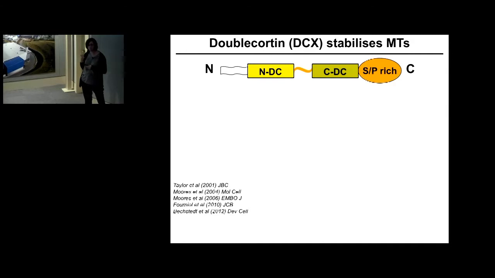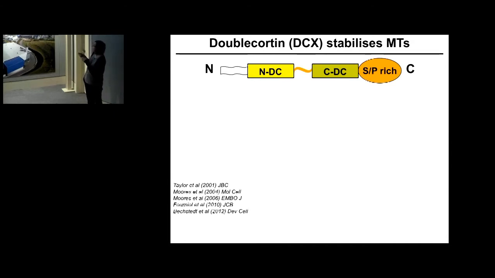So it already gave us an idea that some of the properties of Doublecortin must be rather unusual compared to other microtubule stabilizing proteins, because none of them can compensate for the lack of functionality in these patients. One first unusual observation with Doublecortin is that it has a domain structure which is rather unusual compared to, for example, MAP2 and tau, which are more classical neuronal MAPs.